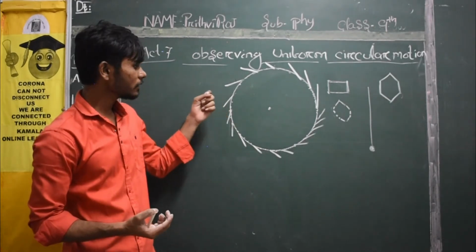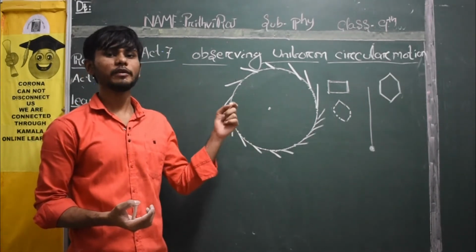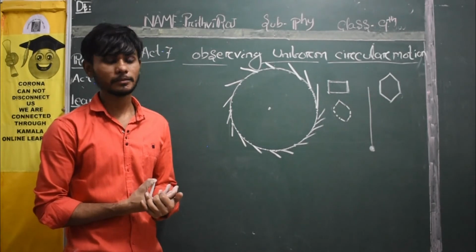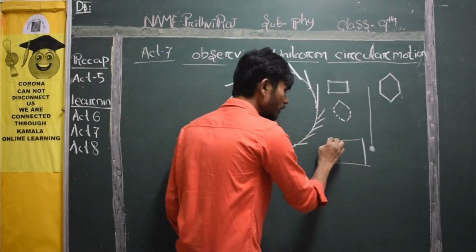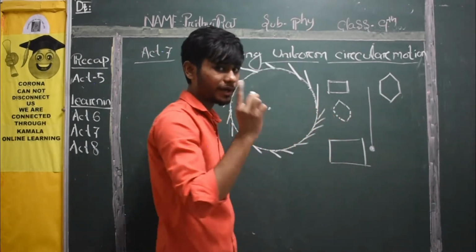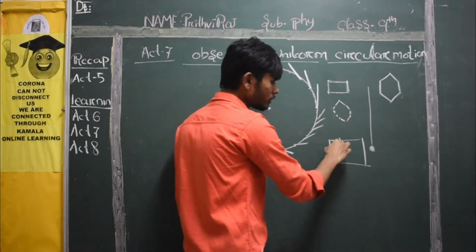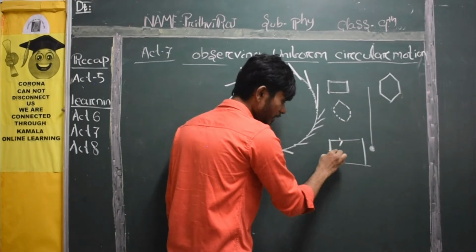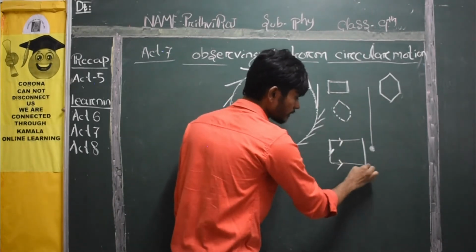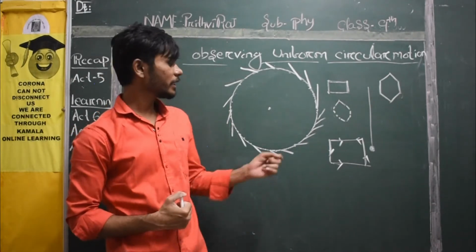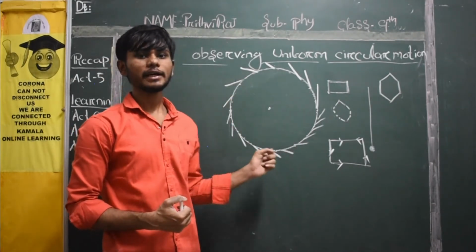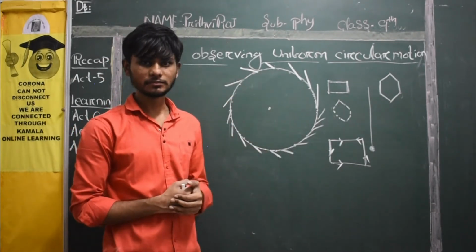So a circle comprises an unlimited number of directions you can take up. But what happens in the case of a quadrilateral? Here you can draw only one tangent which shows this direction. Here again one. It depends upon you. But in a circle, at each and every point you can draw tangents, right?